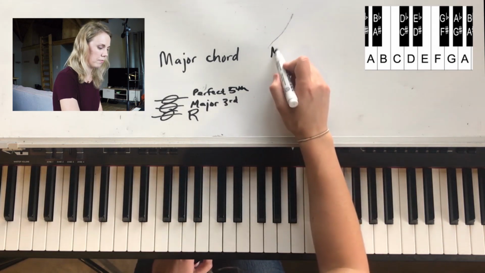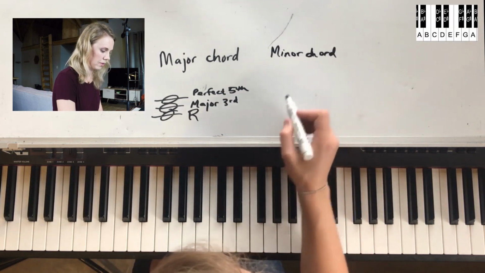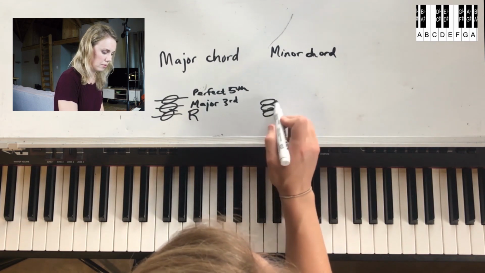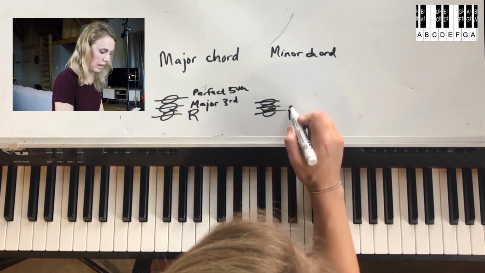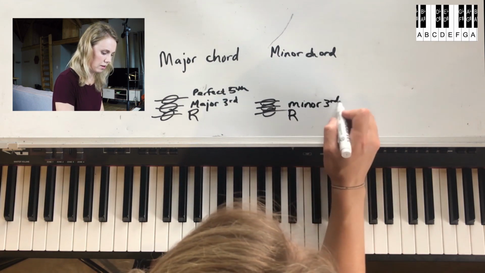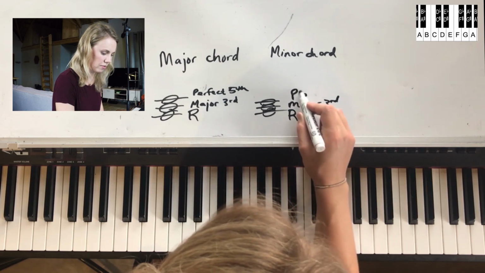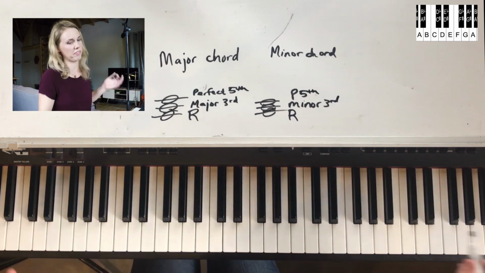In a minor chord, we have our three notes. We have a root. We have a minor third and a perfect fifth again. Okay, so what's a minor third? What's a major third? What's a perfect fifth?